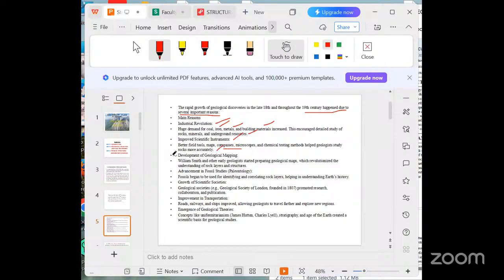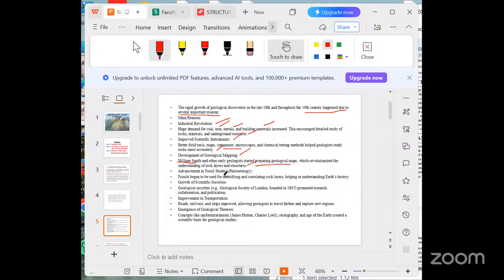Also, geological mapping developed: William Smith and other early geologists started preparing geological maps, which revolutionized the understanding of rock layers and structures.